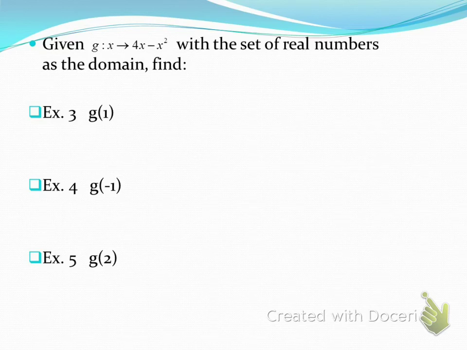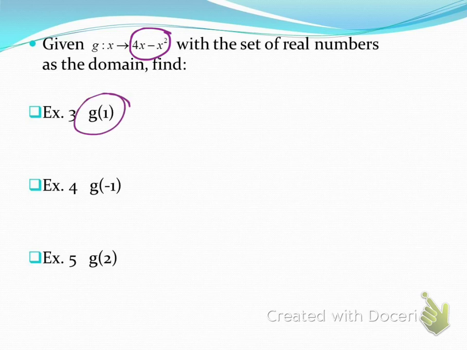So remember, that's the part we care about, the part after the arrow. They said the set of all real numbers is the domain. So that means technically the domain could be any real number. Any number that we would talk about in this class is fair game. But they are asking us to find the function evaluated at certain numbers.